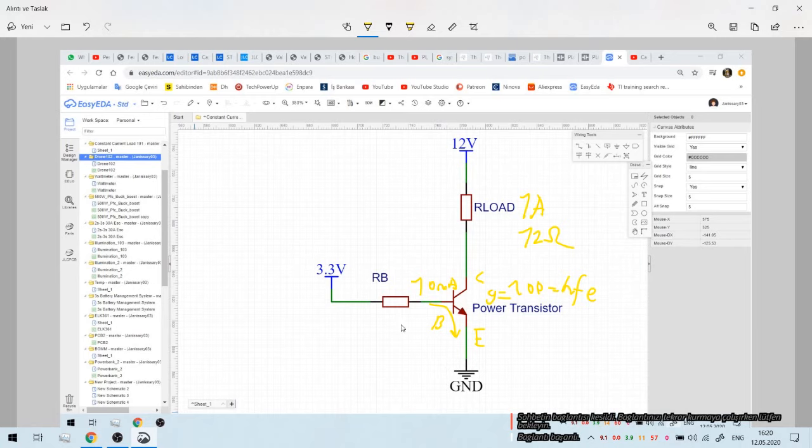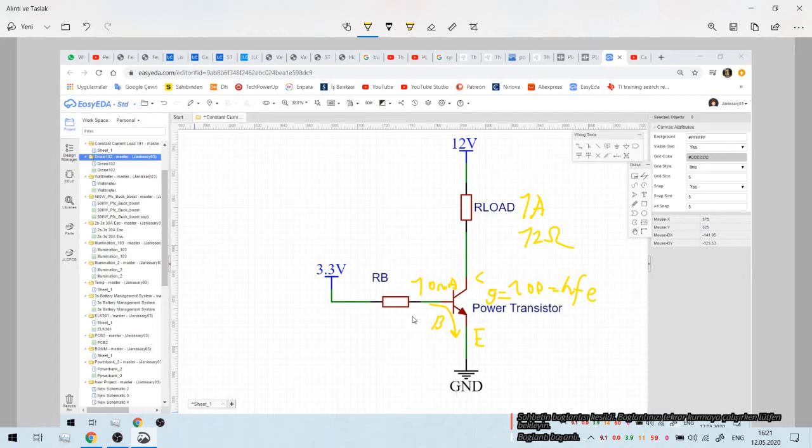This is basically an NPN BJT. Normally HFE also is not constant. It is changing with collector emitter current. Also there is a lot of abnormality, non-linearity, but it's basically like this.